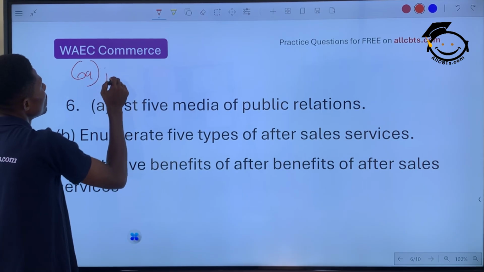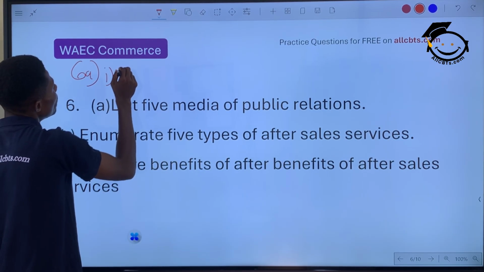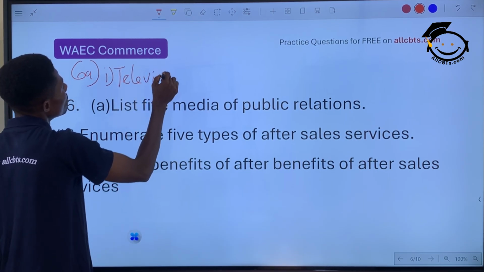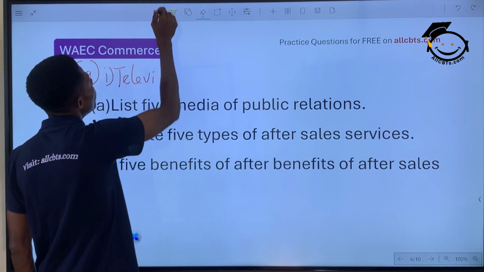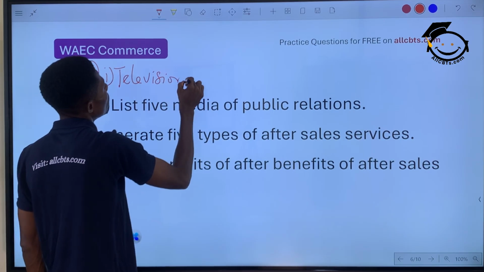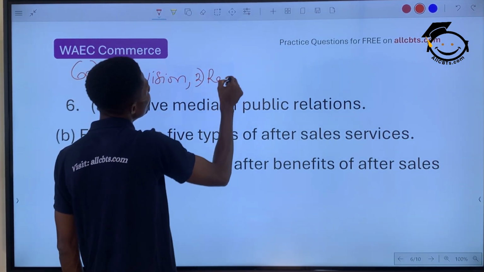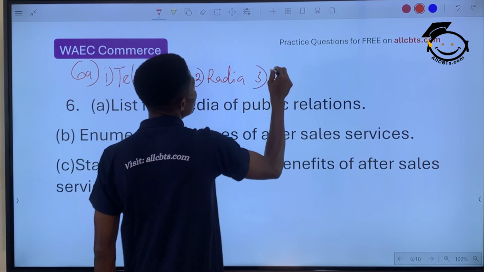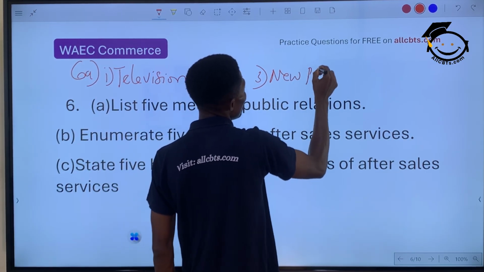The first one is the television. Television media. So we have the radio media. Third, we have the newspaper media or newsletter.